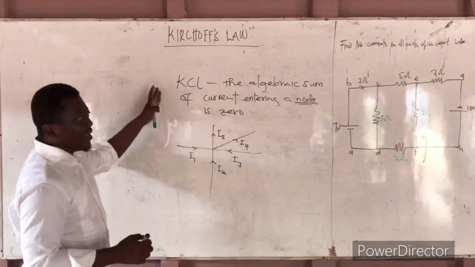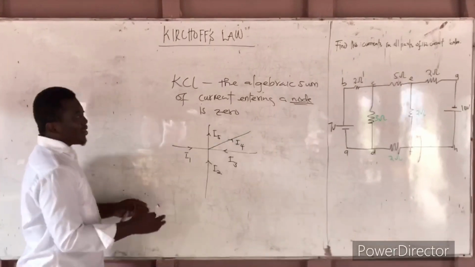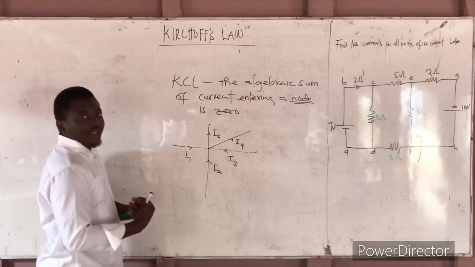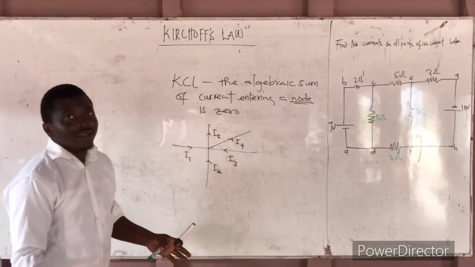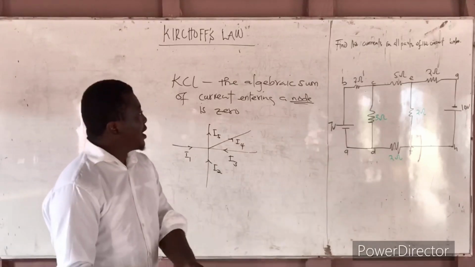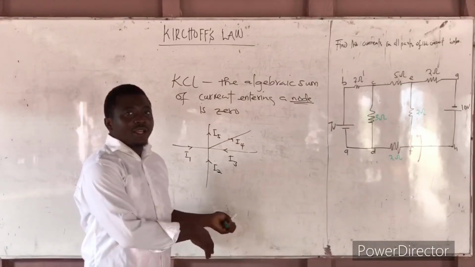So from KCL, it is telling us that the algebraic sum of current entering is zero. Some people also state it as current entering a node is equal to current leaving the node.